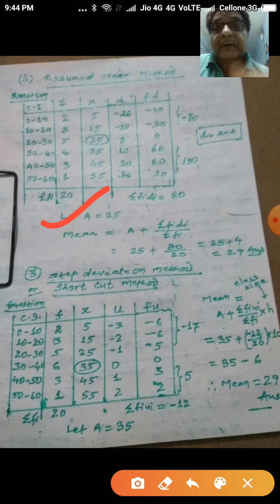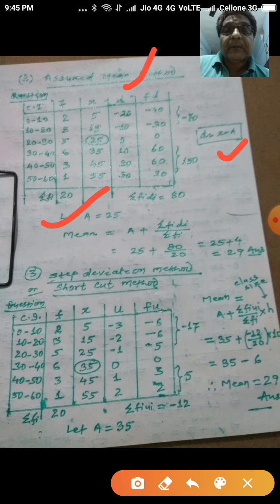Now we will find the column D, and D is calculated, you see, by using the formula x minus a. x is given here and a we have supposed, so it will be 5 minus 25, that is minus 20. Similarly 15 minus 25 is minus 10, 25 minus 25 is 0, and so on.